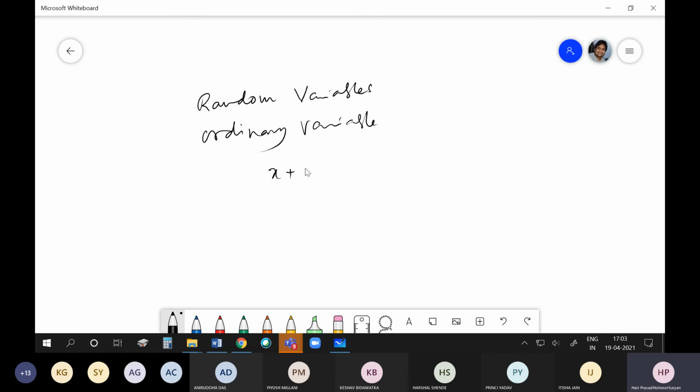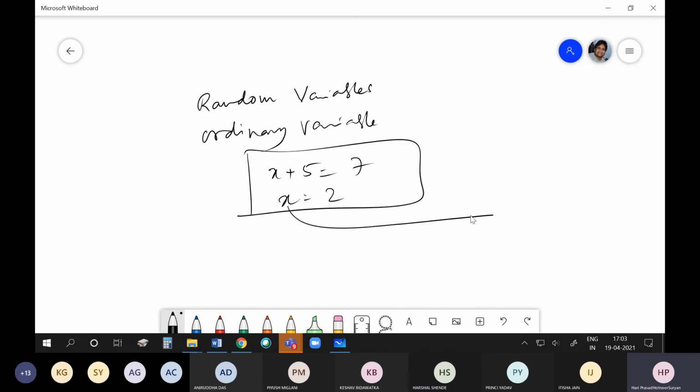Let us say I have x plus 5 is equal to 7. What is the x value? It is 2. Is this a random variable or an ordinary variable? I am 100% sure that x can have only 2. It cannot have any other value other than 2, isn't it?